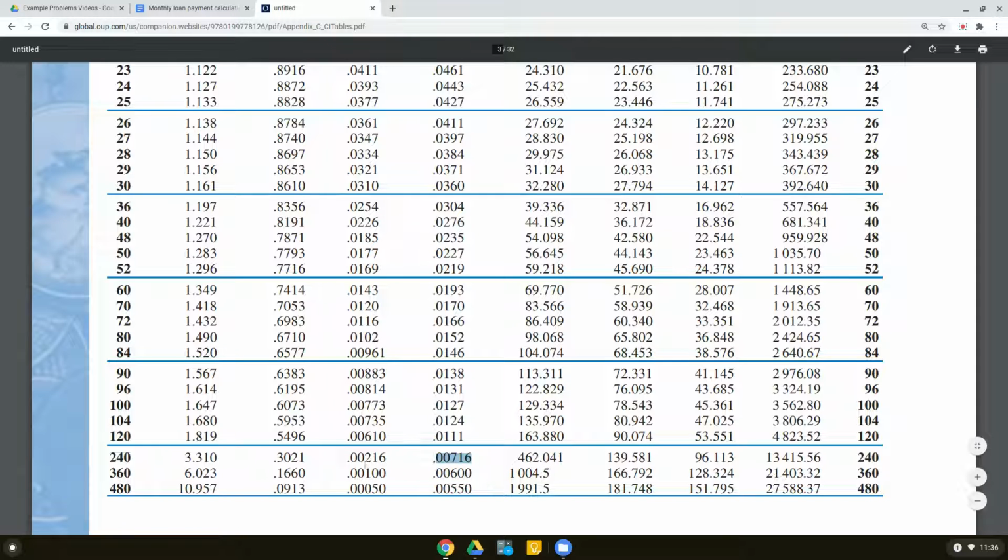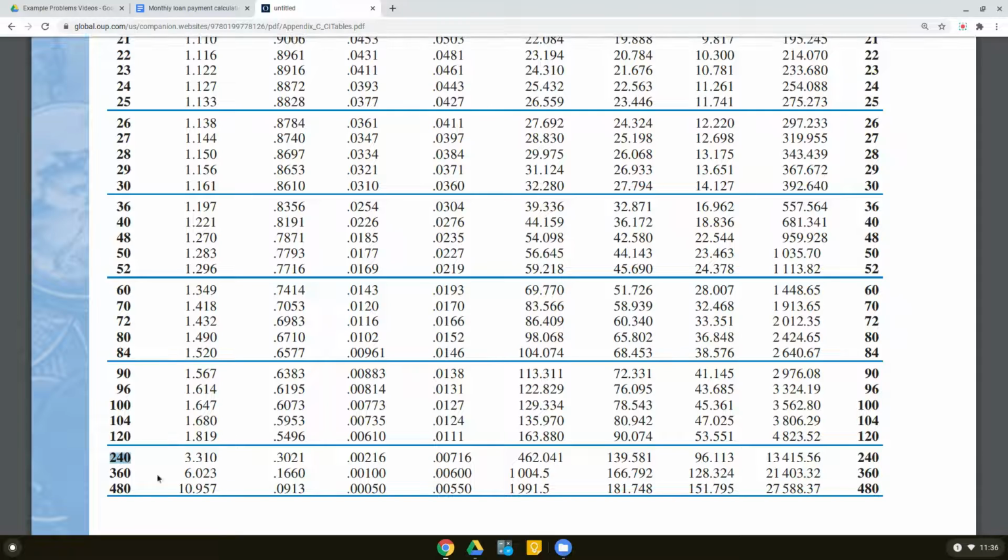We were lucky in this case because we found the exact n number that we were looking for. But many times we may not find the exact n number. For example, what if n is equal to 300? We don't have that here. We have 240 and we have 360. Then what should we do in such a case?